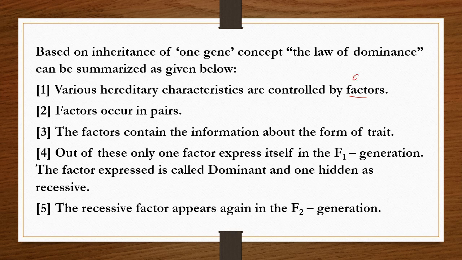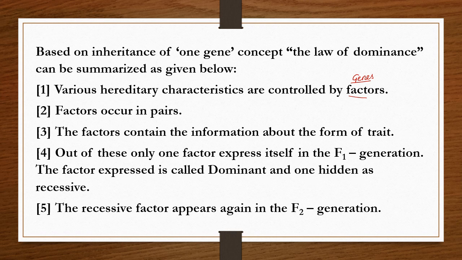Why are we using the word factors? Because Mendel used the word factor instead of gene. Later that factor was named a gene by Johansson. So the various hereditary characteristics are controlled by factors or genes.